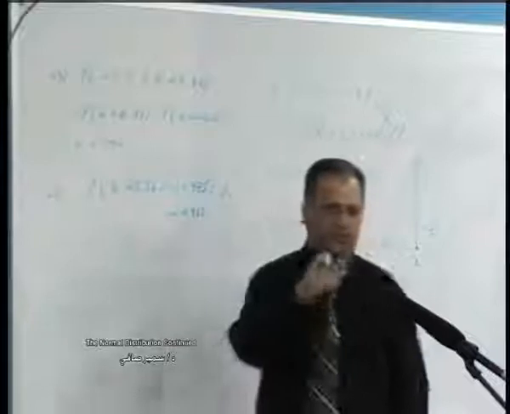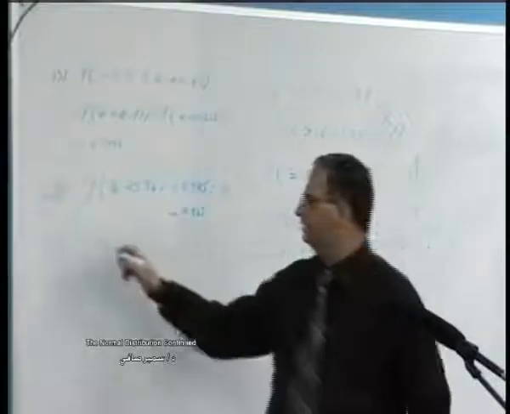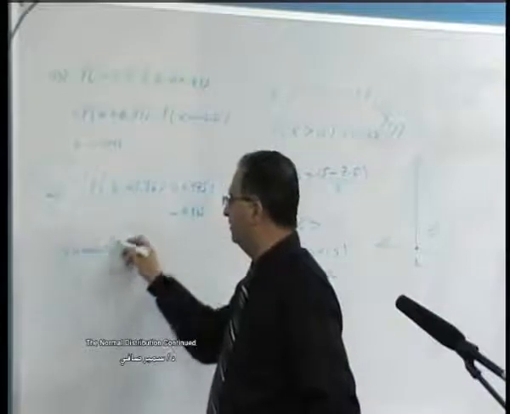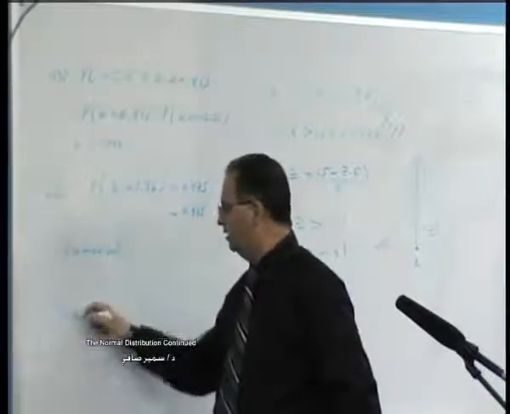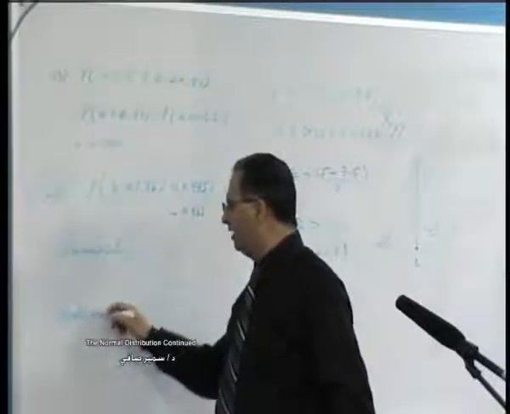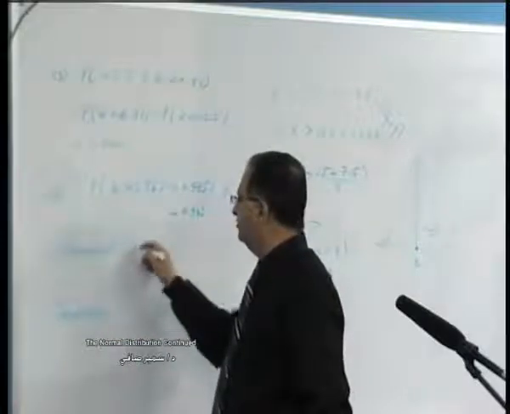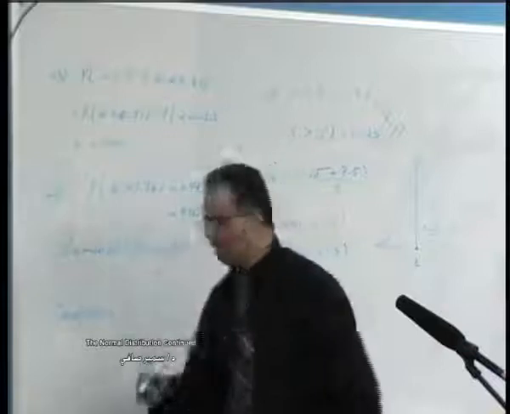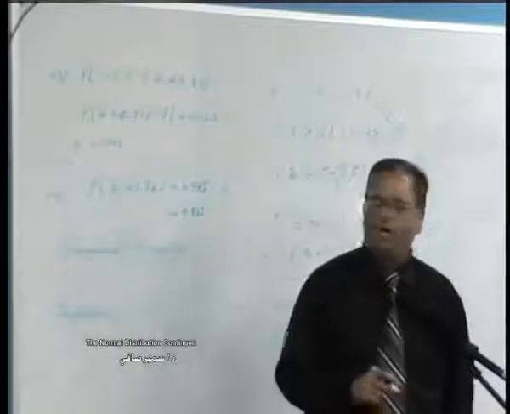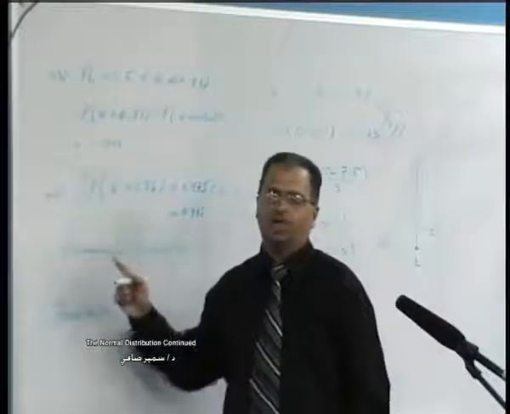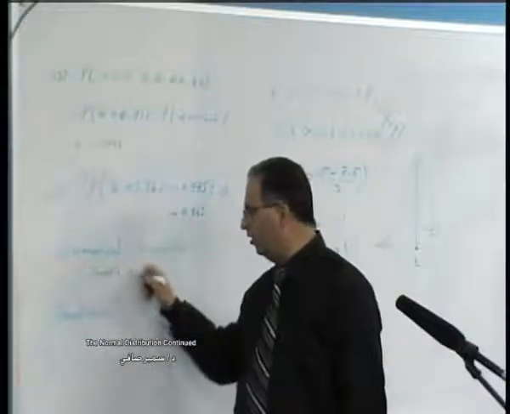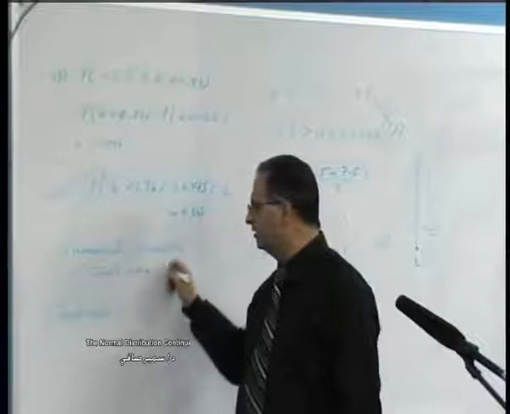One is called numerical, which is quantitative, and the other one is qualitative. Now, for numerical data, we can use the sample mean, x bar, as a measure of central tendency.